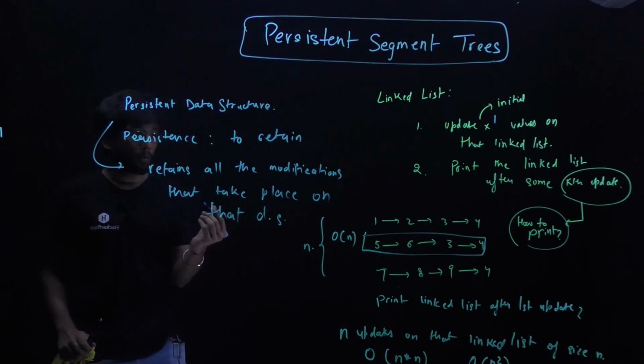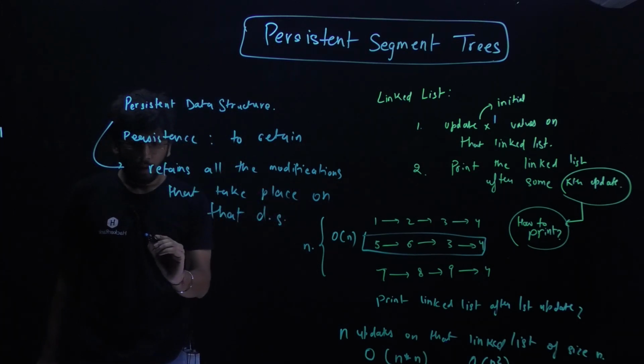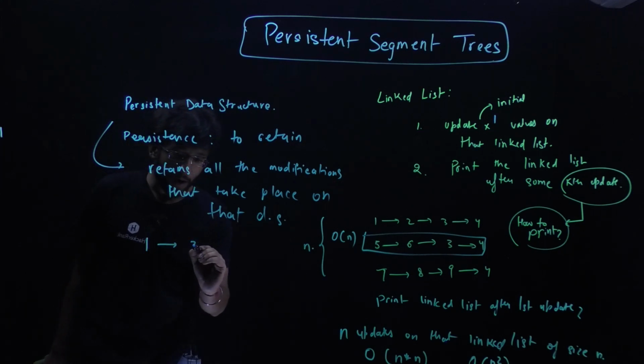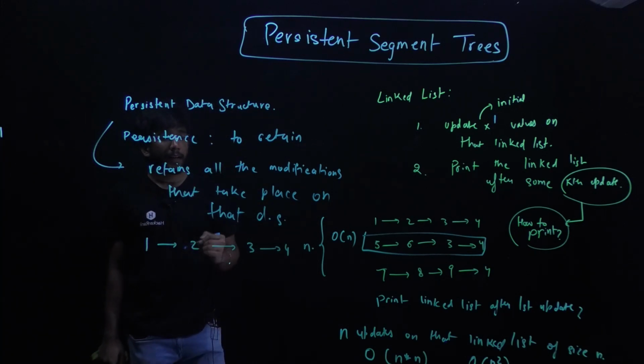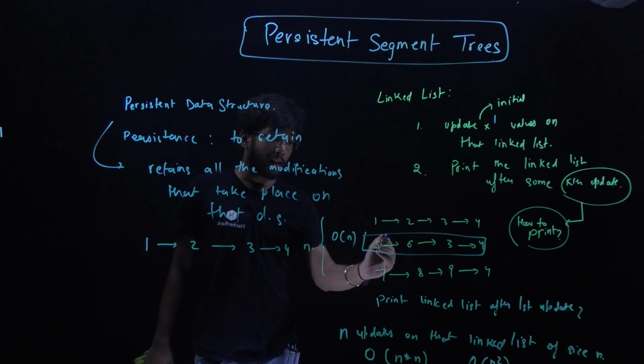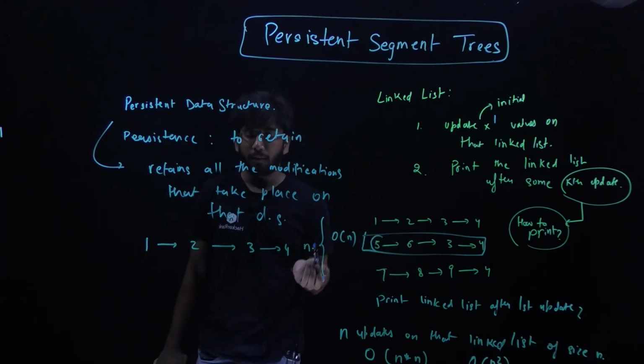Yeah, so how to approach this? The first step would be, let's assume we have 1, 2, 3 and 4. Now an update comes that says we need to update the first two values, 1 and 2, to 5 and 6 respectively.